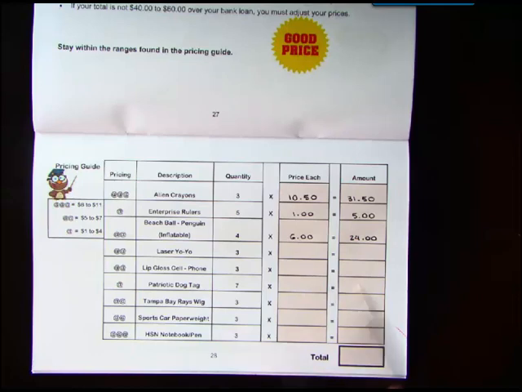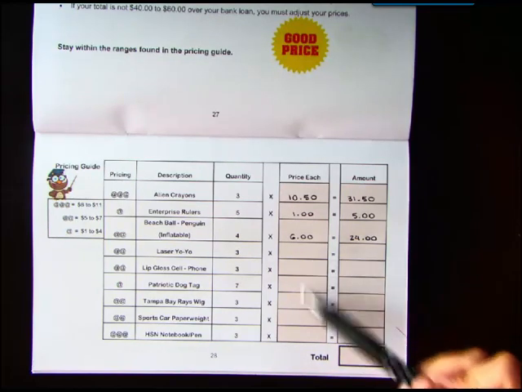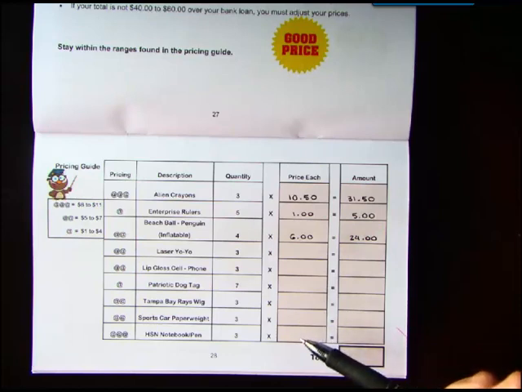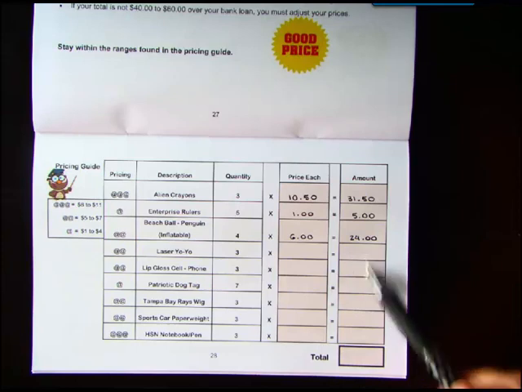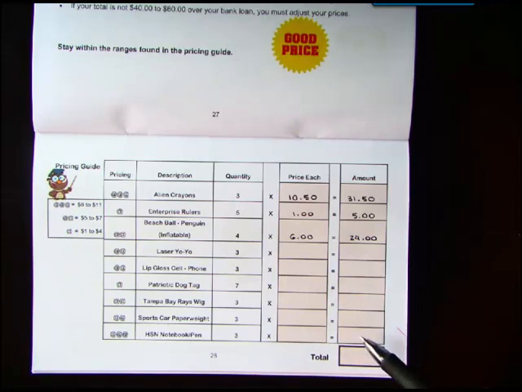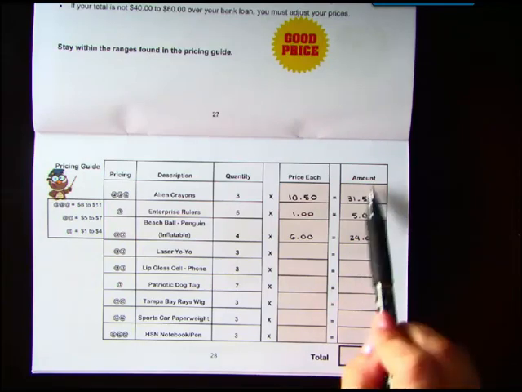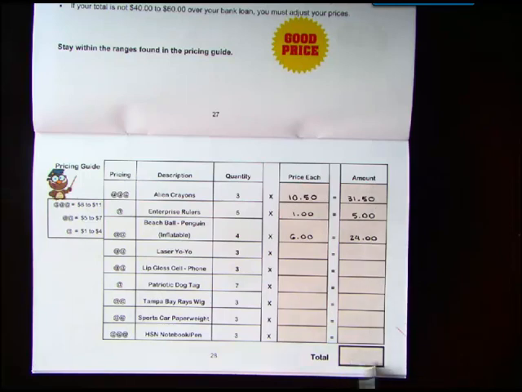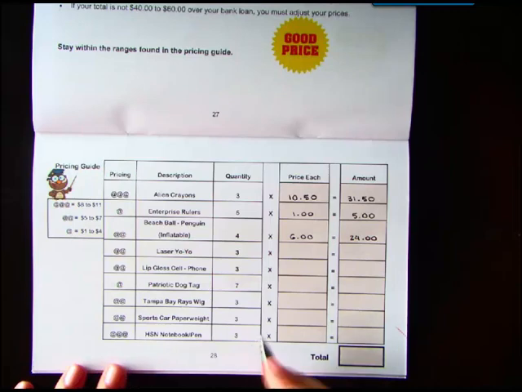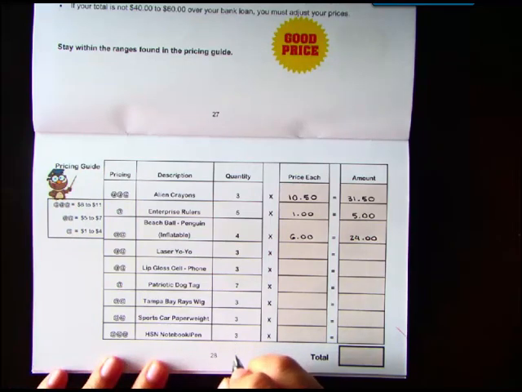Now what I want you to do on your own is determine the price for the rest of these. Remember, there's no right or wrong. Add up how much total you would find. Then add up all of your amounts. And that's going to go here. Now remember, this has to be $40 to $60 over our bank loan.